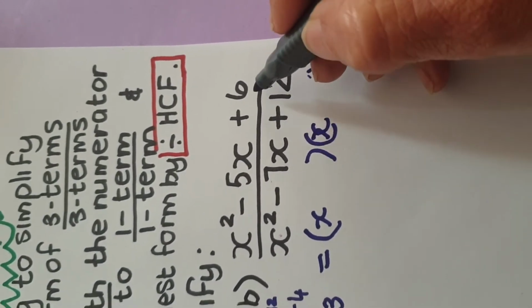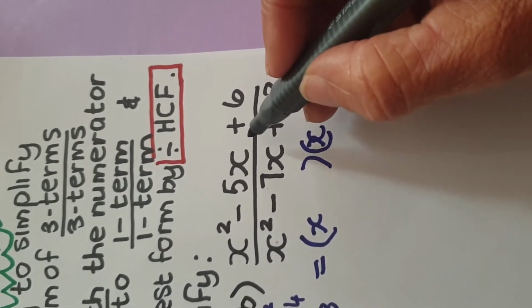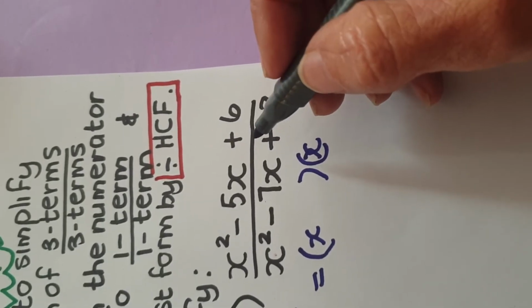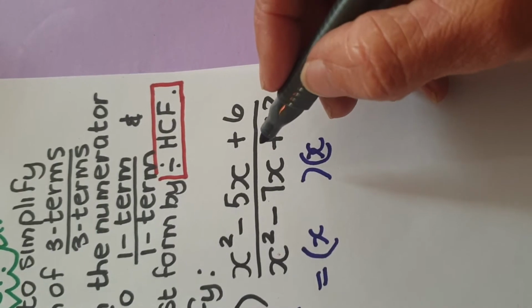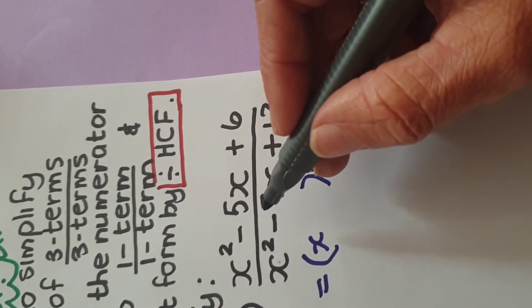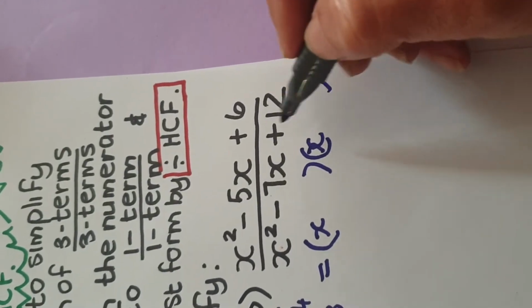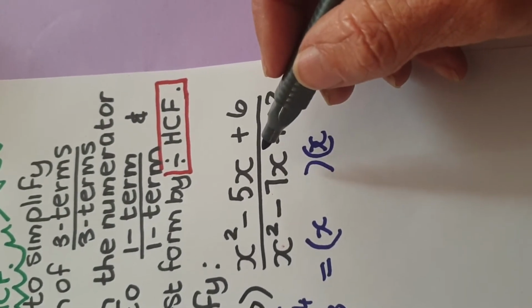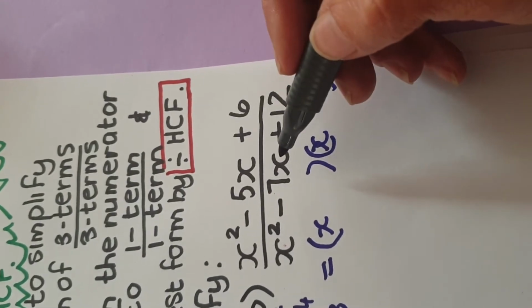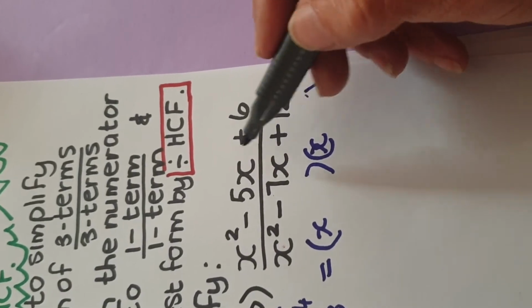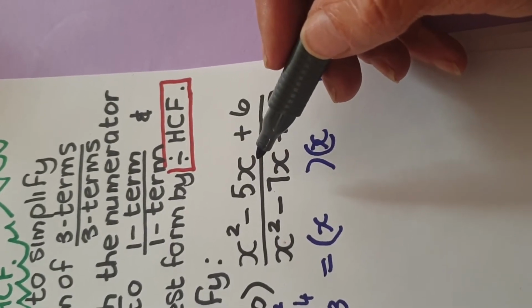And I'm going to look at the last terms. Factors of 6 that when I multiply give me plus 6, but when I add them will give me negative 5. So the only factors of 6 that add up to 5 are 2 and 3. Or I have 6 and 1, but to get a plus, I need to multiply a negative by a negative.